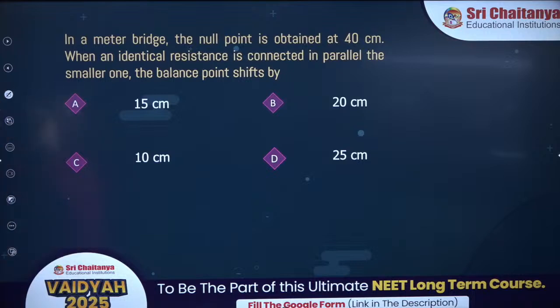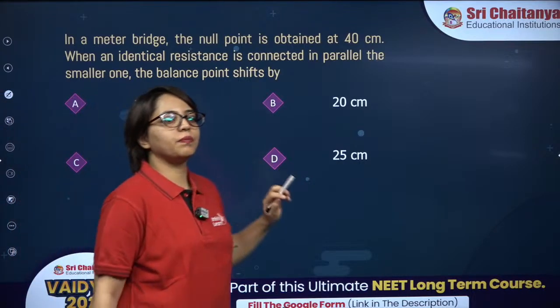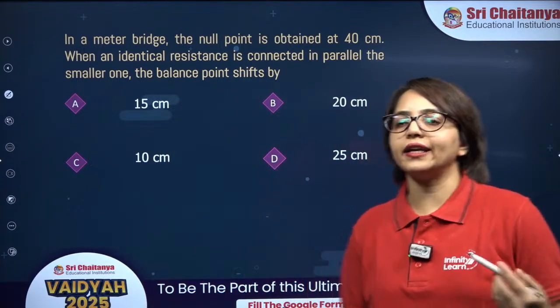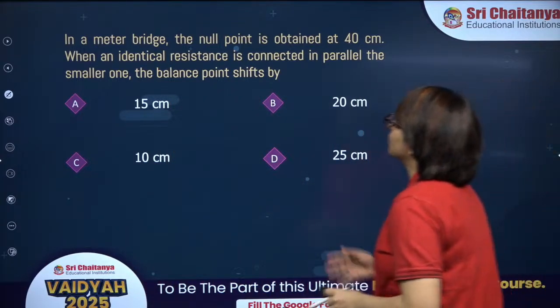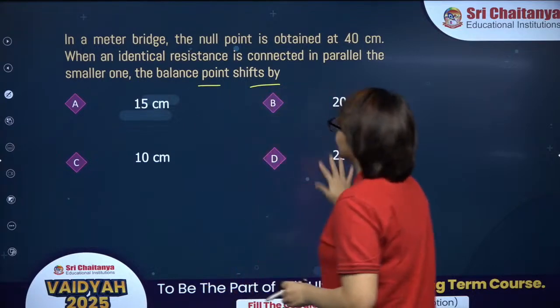In a meter bridge, the null point is found at 40 centimeter. When an identical resistance is connected in parallel to the smaller one, the balance point shifts by. You have to find if you connect identical resistance in parallel with the smaller resistance, the balance point will shift by what amount.